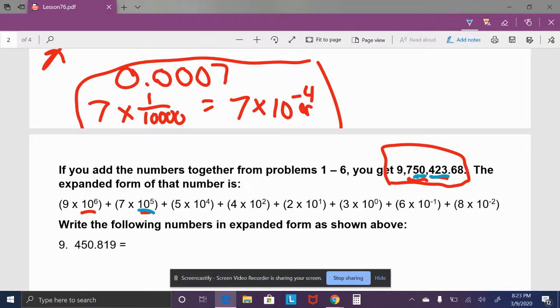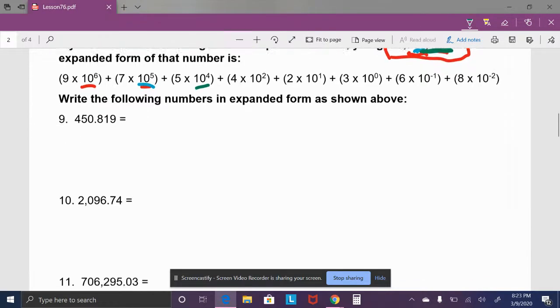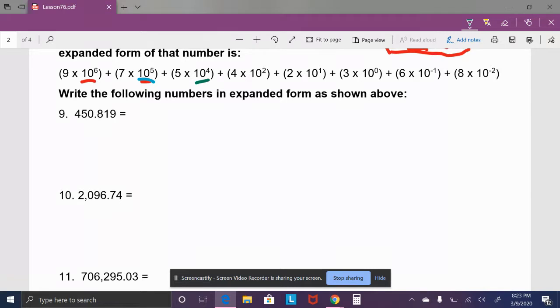After 5, there are 4 numbers after the decimal. So you can kind of get the trend here. If we look at this number right here, 450 times 8.19.